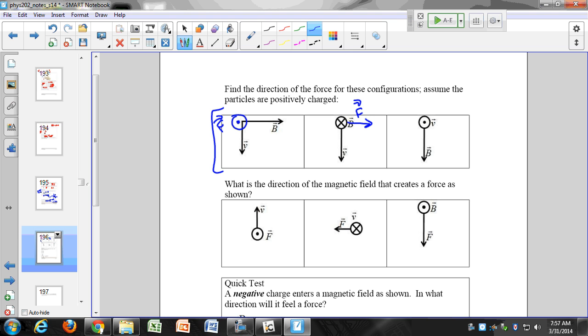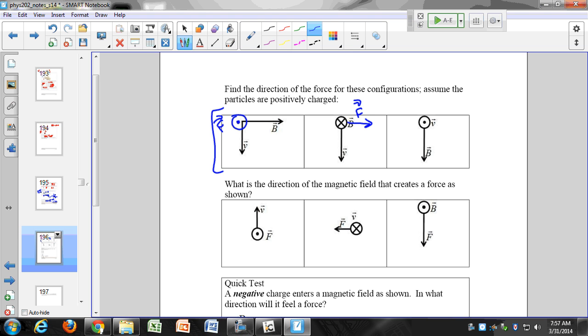Now on this next one, V is down, and so what's the direction of the force? What do y'all think? You'll try it on your own. Are y'all guessing? Is that a guess? No. Let's see. So V is down.